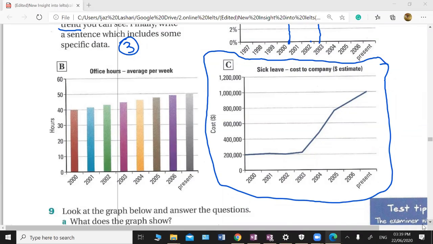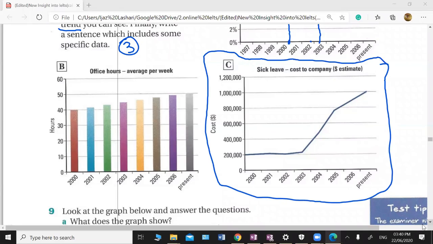So for example, the first information relates to the estimated cost of days which the employees have taken off as sick leave over some period of time. First thing, the cost has risen.